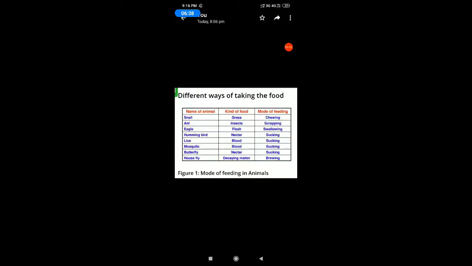Then butterfly. Kind of food, nectar. Mode of feeding, sucking. Butterfly sucking in the flower. Next one, housefly. Kind of food, decaying matter. Mode of feeding, breathing. Okay, that's all. The different ways of taking the food, the mode of feeding in animals.